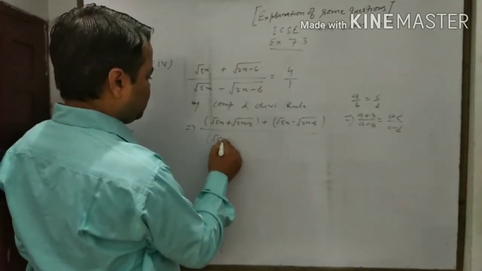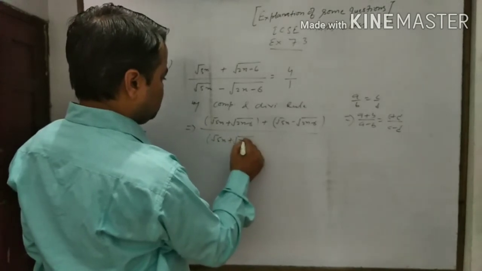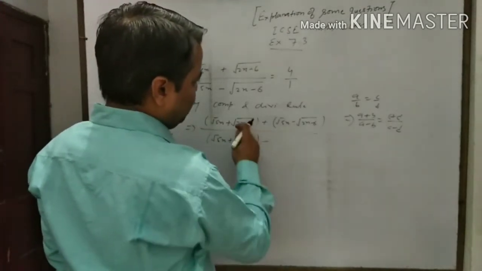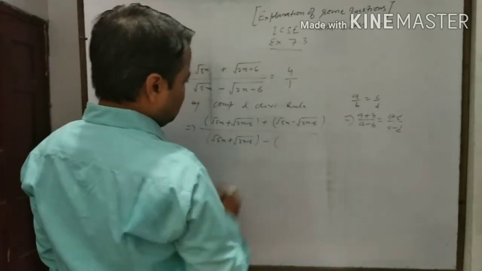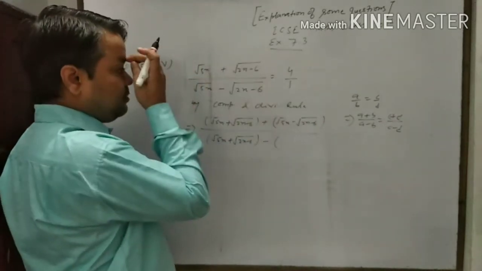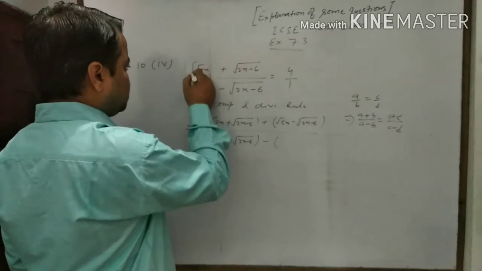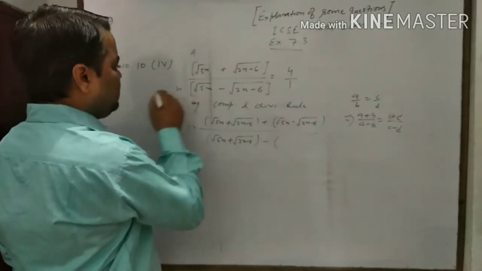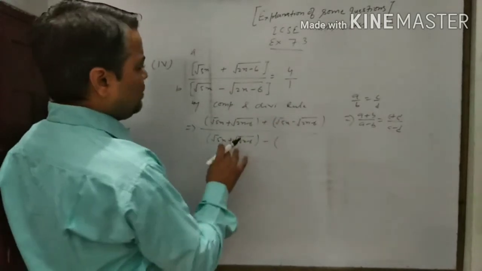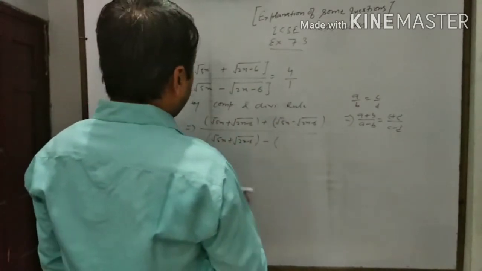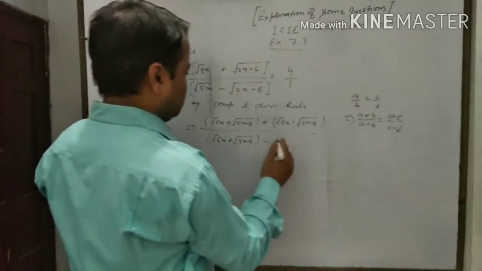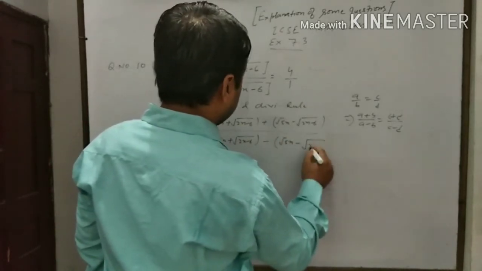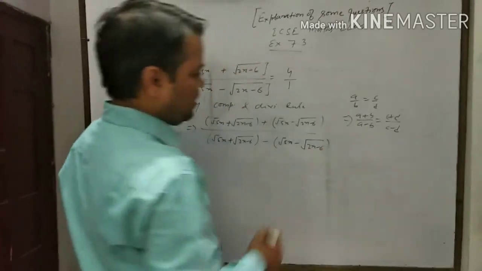So let this be a and this be b. We take this as a and this as b, then a plus b, a minus b. Now a is this and minus b means under root 5x minus under root 2x minus 6.